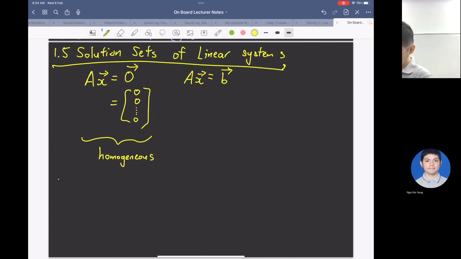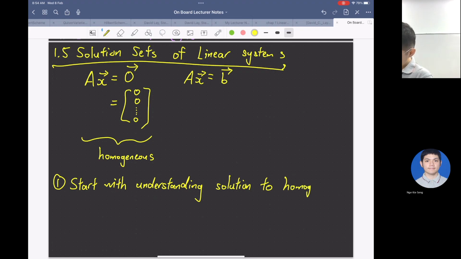So we start with understanding the solution of the homogeneous equation.